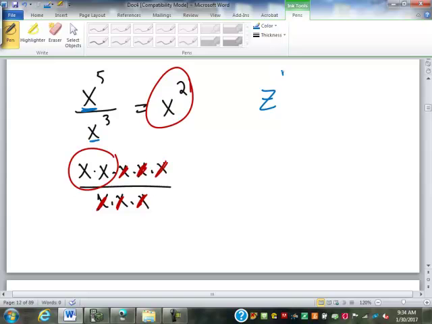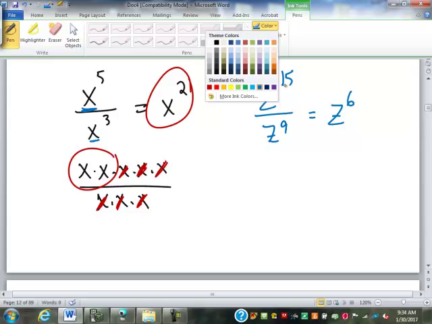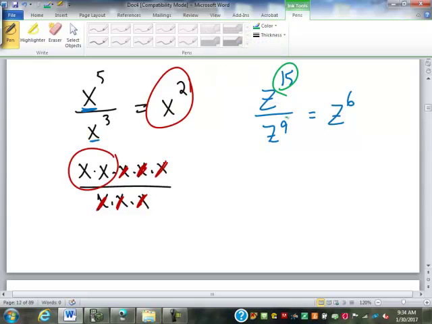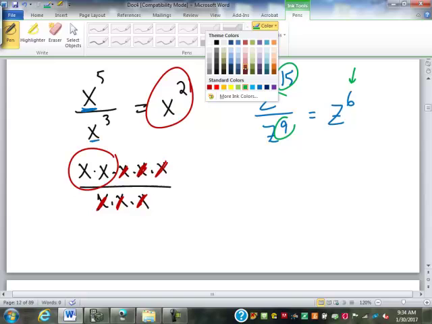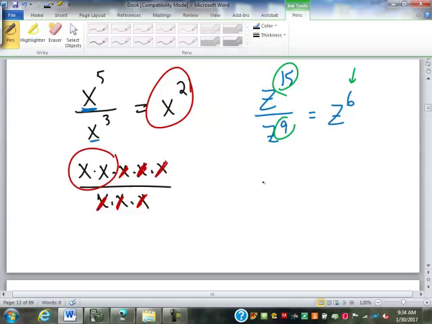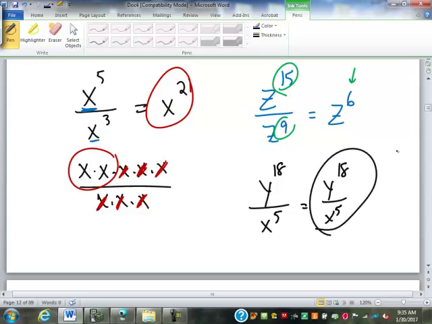So if I have z to the 15th divided by z to the 9th, what am I going to get? Z to the 6th. Very good. I'm just going to do 15 minus 9 gives me the 6. If I have y to the 18th divided by x to the 5th, I'm going to get y to the 18th over x to the 5th.